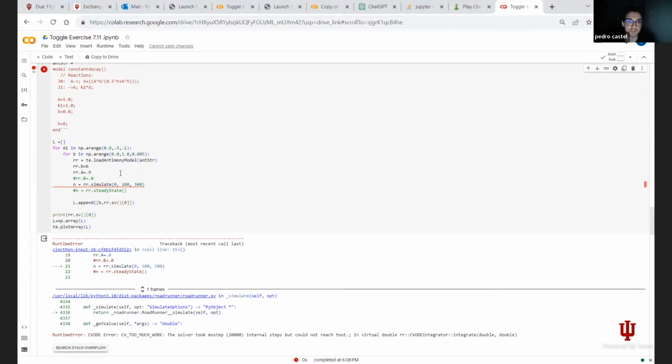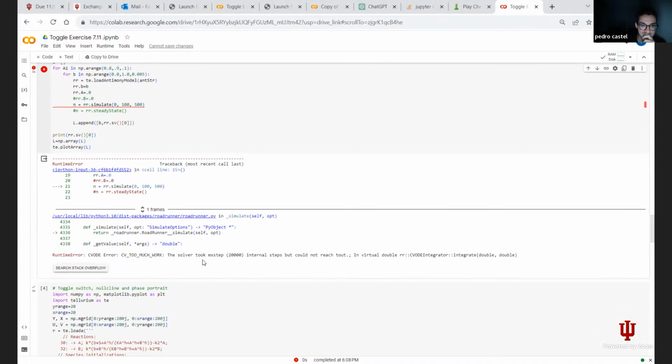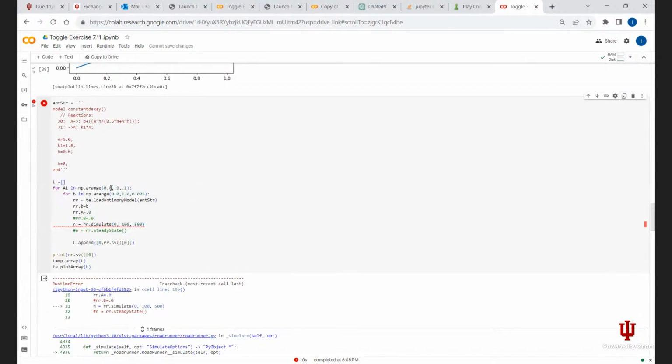I am doing Monte Carlo stuff here, trial and error. It did not reach the end in 20,000 steps.